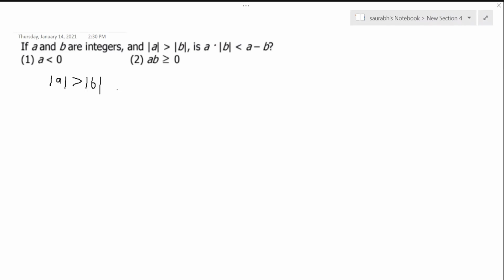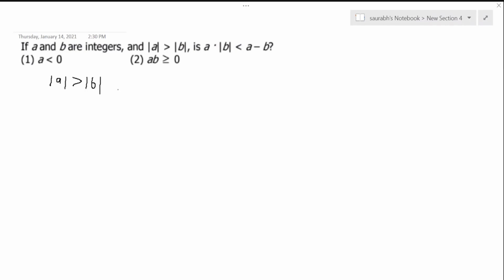So if A is negative, it will still be farther from 0 than B on the number line. Absolute value is what? Irrespective of the sign of the number, whether it is positive or negative, every time you take the number out of the absolute value, you just consider the value. So it becomes positive.